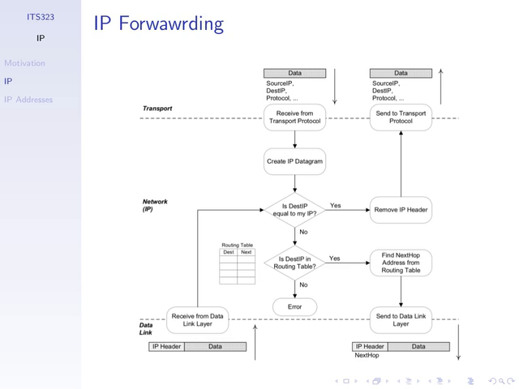At host 1, we received data from the transport layer, created a datagram. The datagram was not destined to us, so we looked in our routing table, we found the row that matched and found the destination of this datagram to be R1. So we found the next hop in our path to be R1, and we send that via our data link layer to R1.